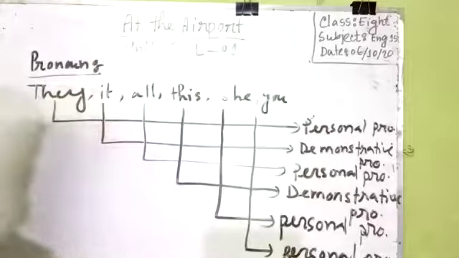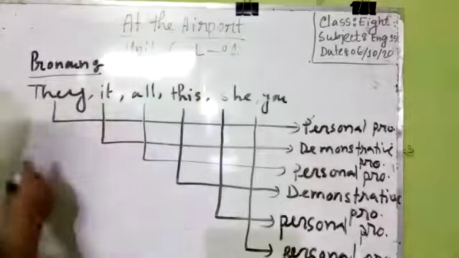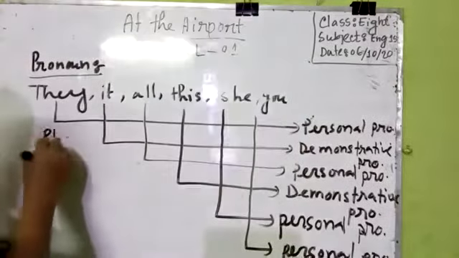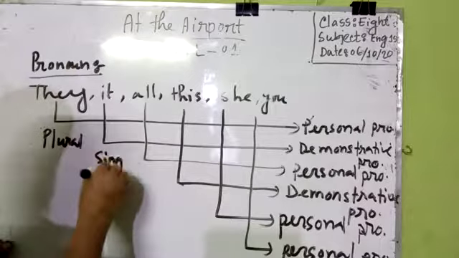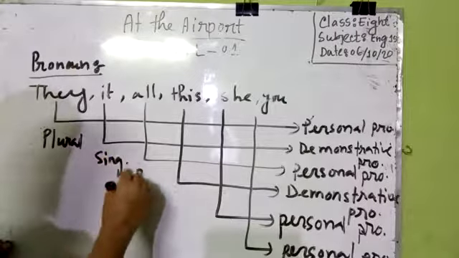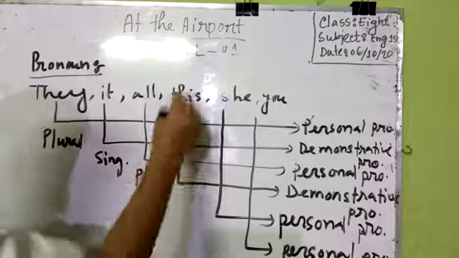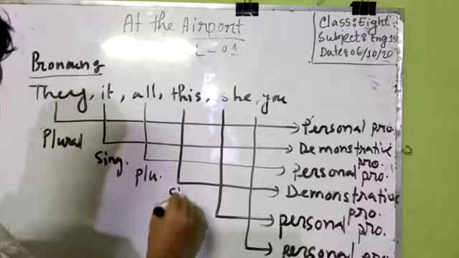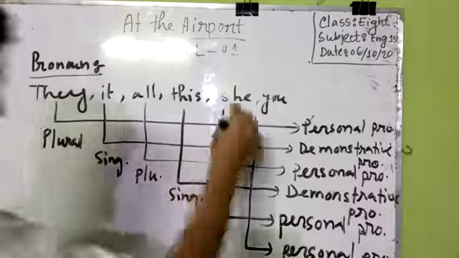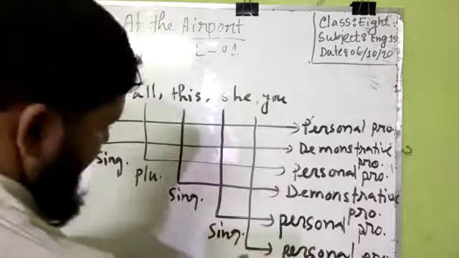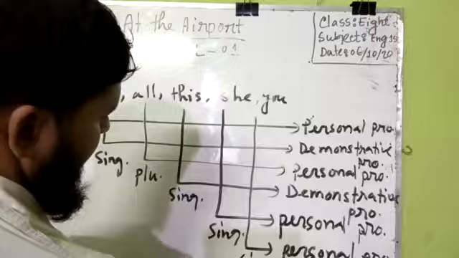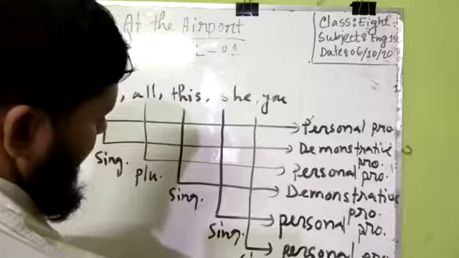You can see here that there is plural. It is singular. "All" is plural. This is singular. "She" is singular. "You" is singular and plural.